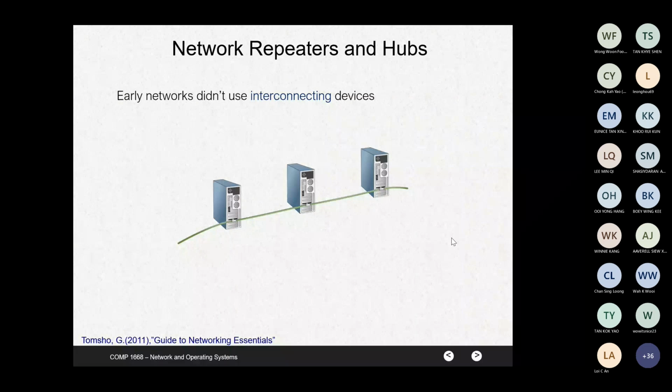But as the demand increased, more people wanted to communicate and send messages, so there was a need to link more devices.